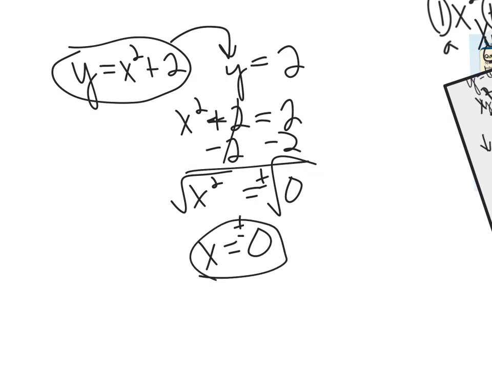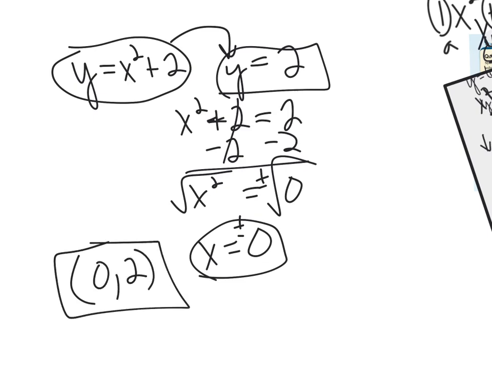And this really seems familiar, so maybe this is the exact question that I did in that lesson. But anyway, the answer would be 0, 2. And again, we can substitute that into our other equation as well. If you put a 0 in for x, do we get 2?